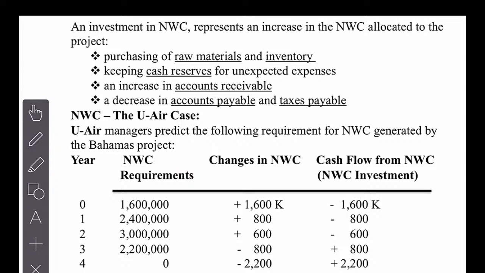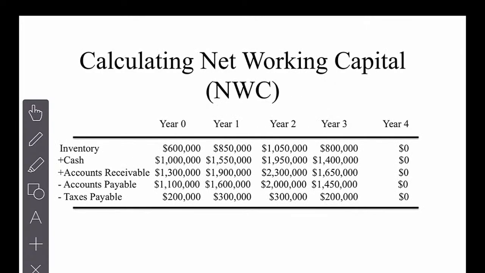we have to do this in a couple of steps. I put them vertically here, but I'm going to do this horizontally to show you. So let's put these together. Inventory, cash, add accounts receivable, subtract payable and taxes payable, and compute these amounts below.